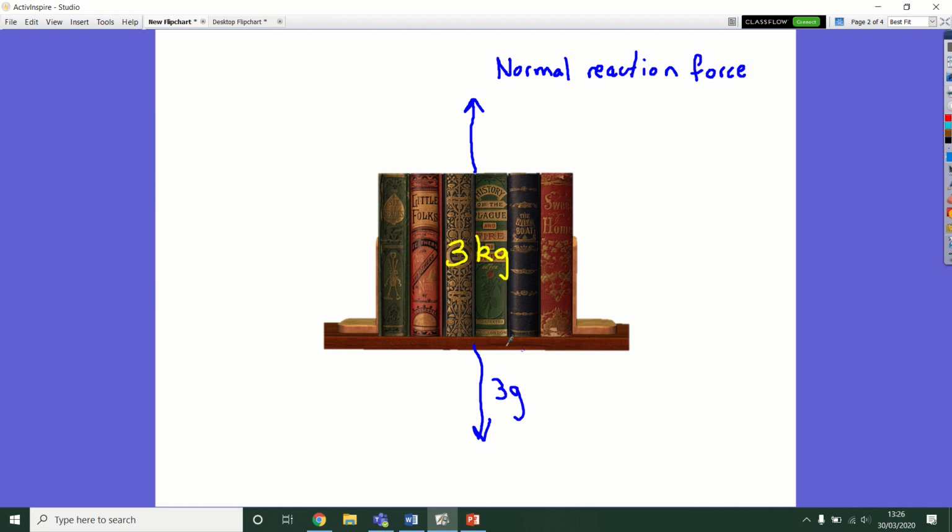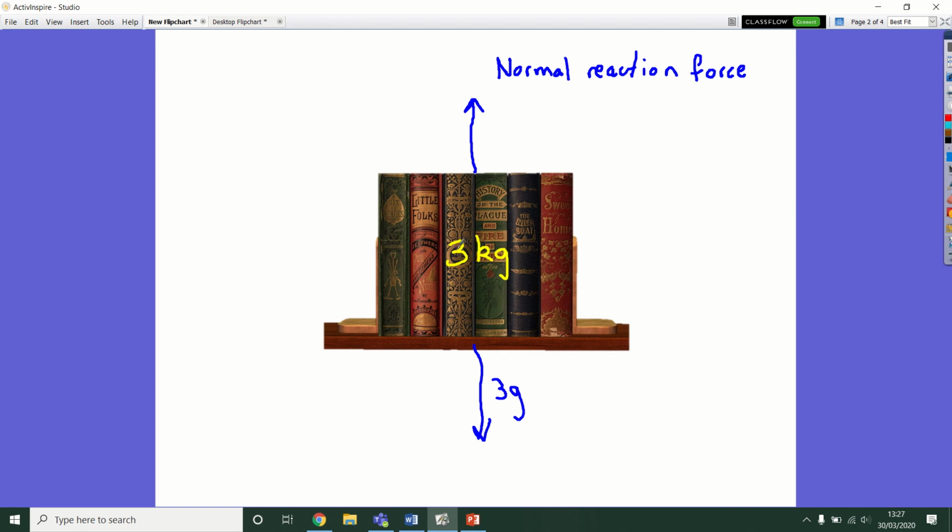Okay, so this is a force that if any object's resting on something, if it's resting on a shelf or on a sheet or on something like that, then there's this force that acts perpendicular to what it's resting on. And it also depends on any acceleration in that direction.